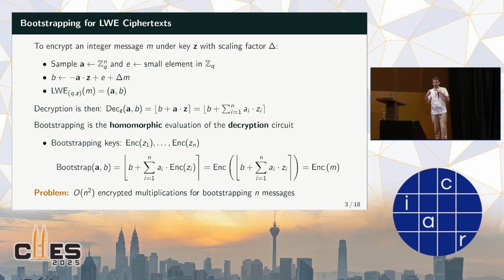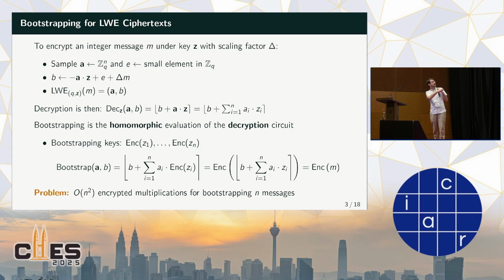But bootstrapping corresponds to the homomorphic evaluation of the decryption circuit. So you're given encryptions of each element, or each integer, that is part of your key, and then you apply the same operation, but now for Z, you have encryptions of the elements of Z, right?